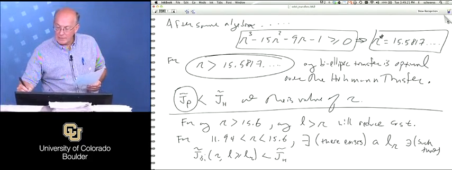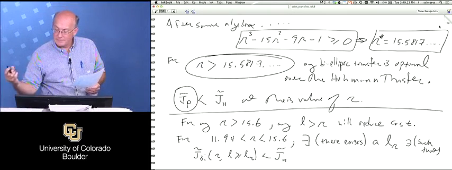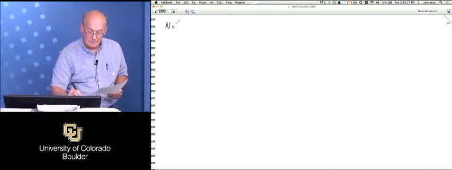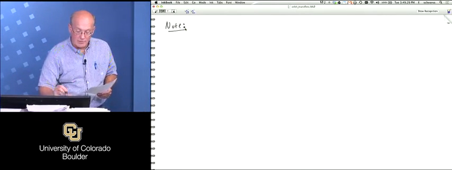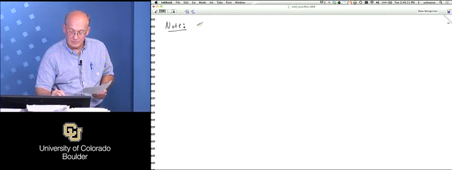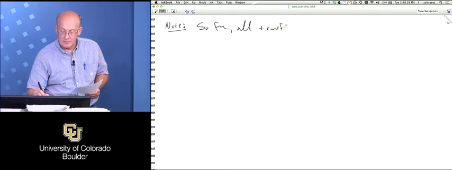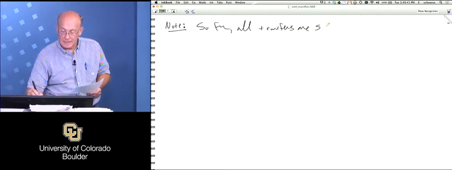I want to point out a couple more things, because these won't be true in a few minutes. So far, in the theory we've been doing, all of our transfers are symmetric.